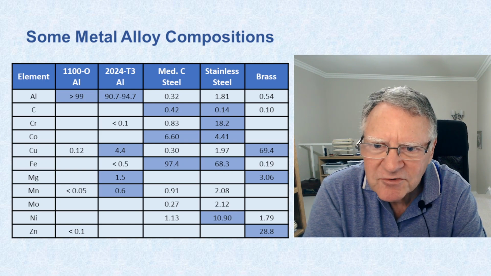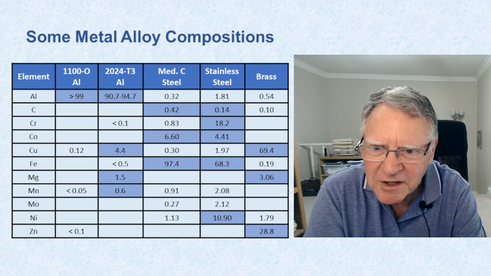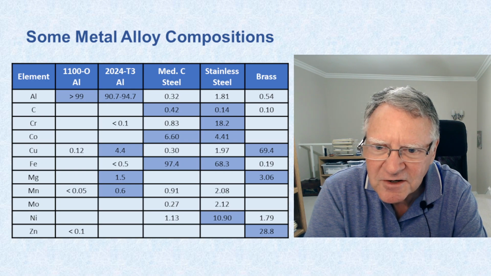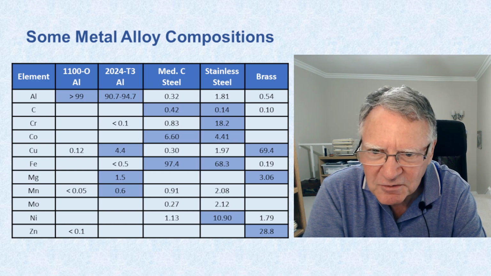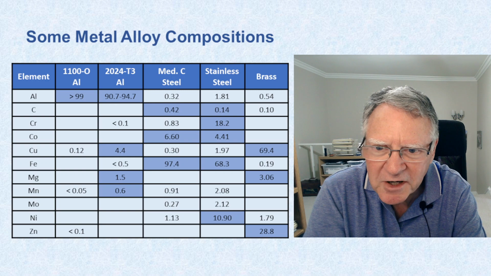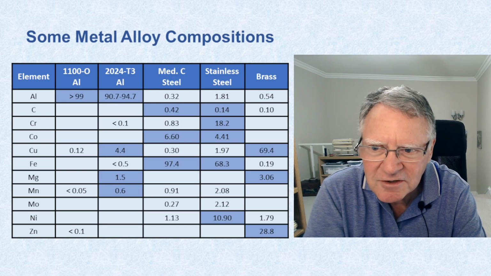Medium carbon steel. Carbon is a big alloy element for steel. It affects the properties a lot, and a little bit goes a long way. 0.42% is considered a medium carbon. About 0.8% is about as high as it goes. So anything in the 0.8 range would be high carbon steel.